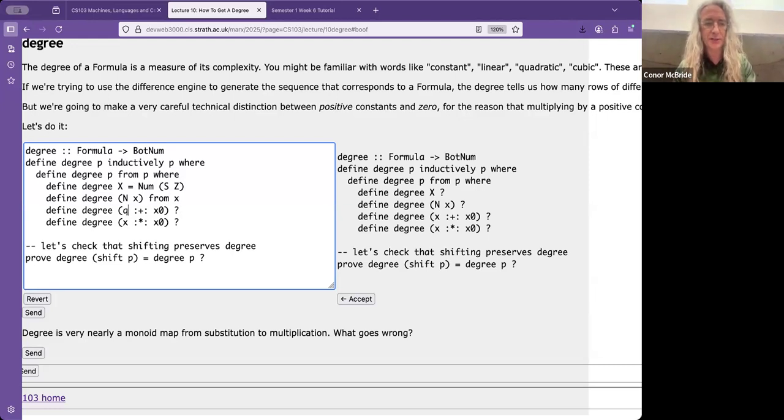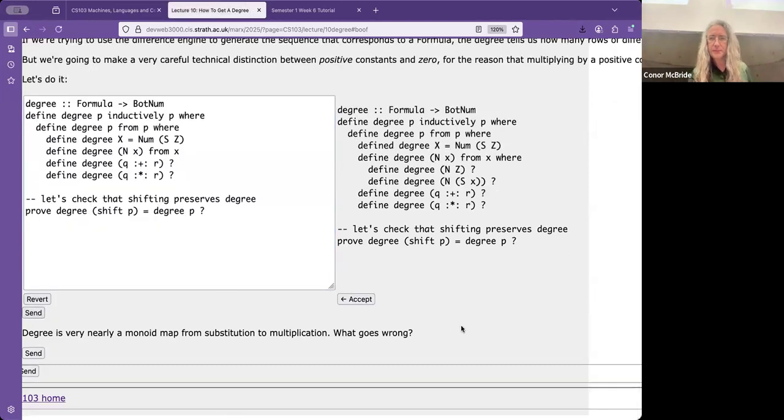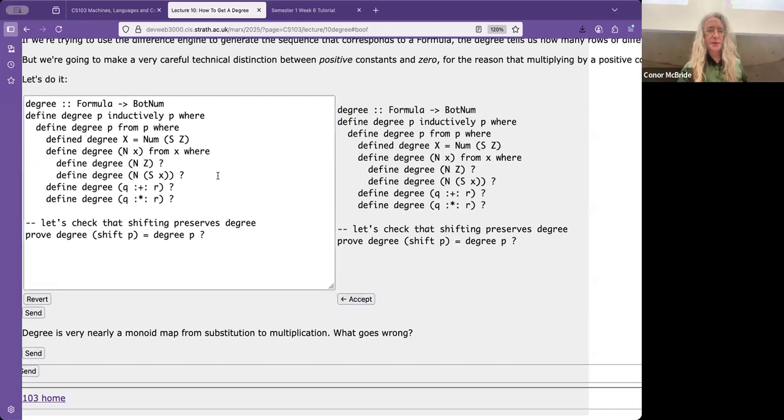I'm also going to change these terrible names to Q and R. So we said that the degree of a positive constant is going to be the number 0, but the degree of 0 is going to be bottom, negative infinity.